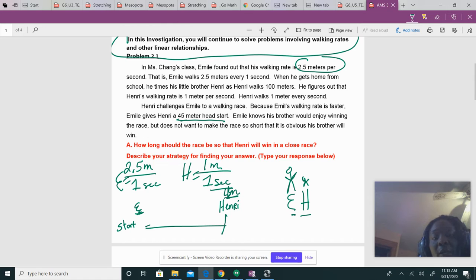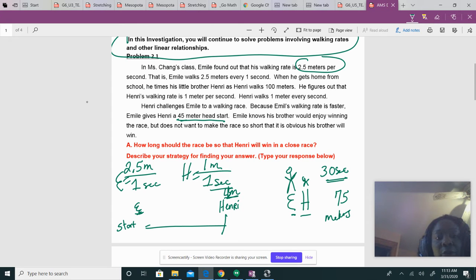And so the answer key says that the race should be 75 meters or more, because what's going to happen is at about the 30-second mark, is when they'll be neck and neck. Well, how is that going to be?